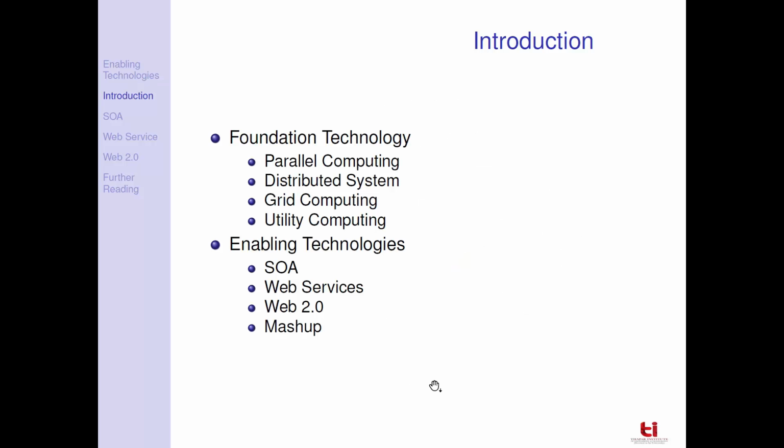In the previous lecture, we have seen some foundation technologies or trends in computing which led to evolution of cloud computing. We saw that definition of cloud computing overlaps with utility computing, grid computing, and distributed computing in general.